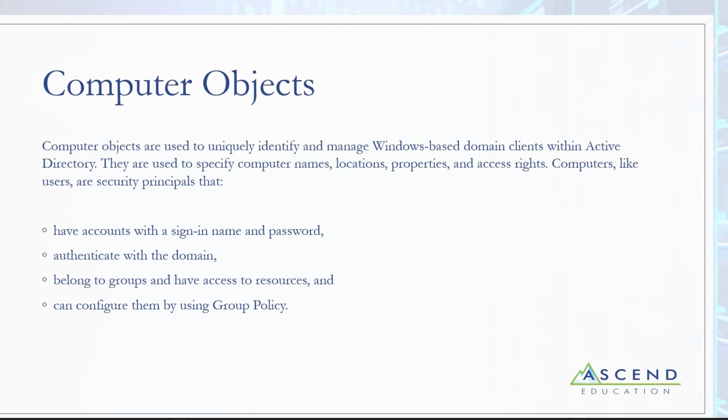So for instance, you can say, hey, a username has to have at least 15 characters in their password, or a user cannot see control panel or the system settings. So it's a way of locking certain things down or adding additional features and capabilities. It just depends on which object it is you're editing.